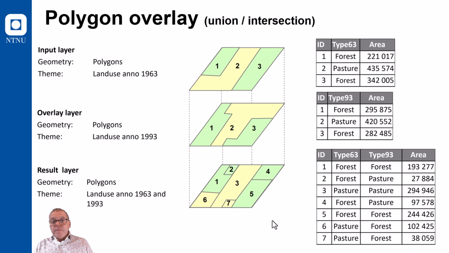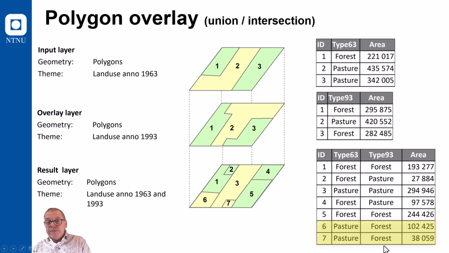Now this output may have huge potential for further analysis on land use changes. For instance, if you are interested in knowing where the areas are which previously were pasture but are experiencing regrowth, so the forest takes over, this can be identified by, for instance, doing an SQL selection of finding all those which have land use type pasture in 1963 and which have got the land use category forest in 1993.